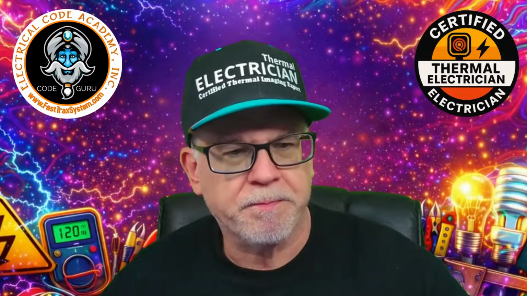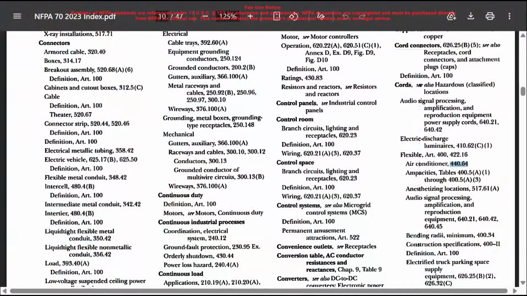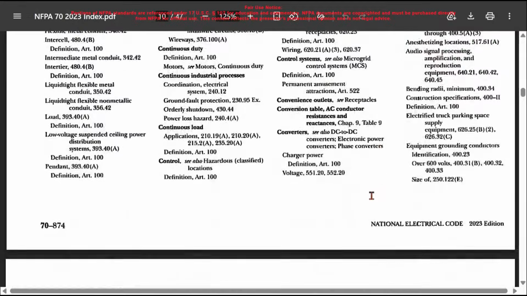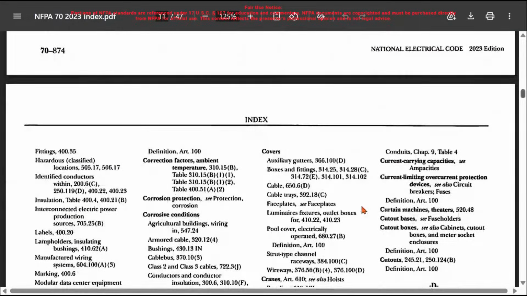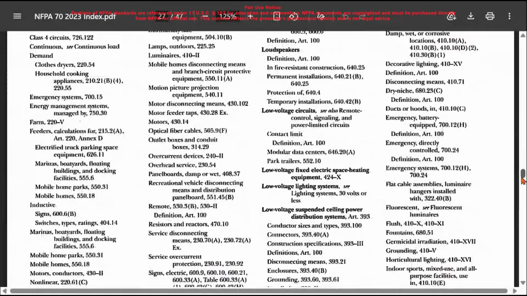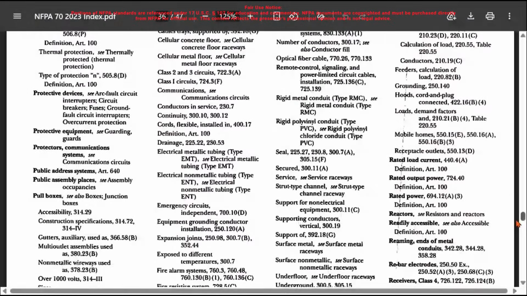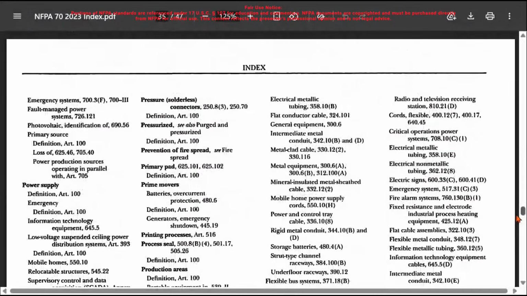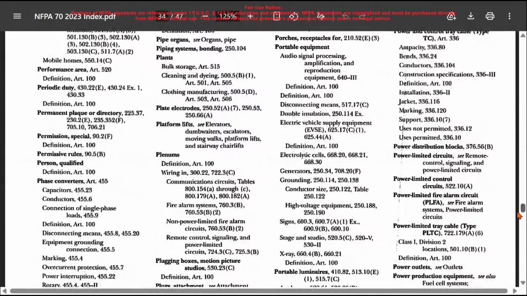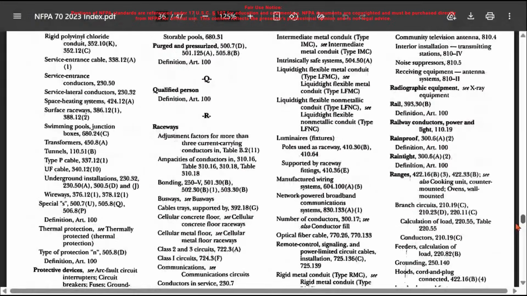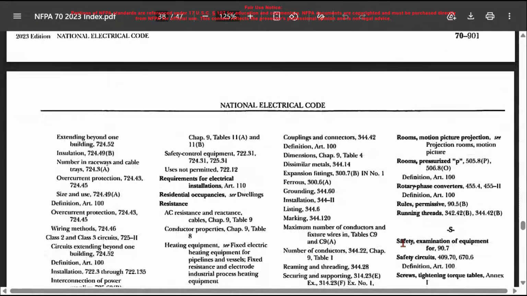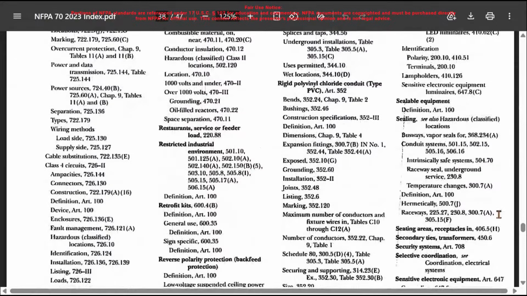So let's keep going. All right, so we found something under cord. Now, let's see if there's anything under supply cord. So let's go to S real quickly. And I won't do this in depth for every question, but I do want to set tone here for this first one. All right, so let's go to S and let's go on down here.